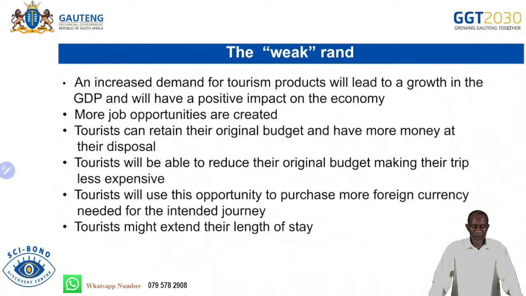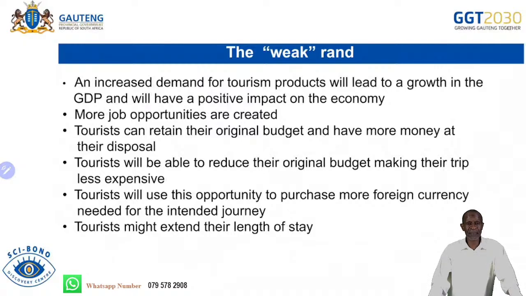So if you were to budget, say maybe 30,000, if the rand is cheaper, if the rand is weaker, then you may decide otherwise. Instead of budgeting 30,000, you may look forward to budgeting something like half the amount, which is 15,000. So it is to the advantage of the tourist.